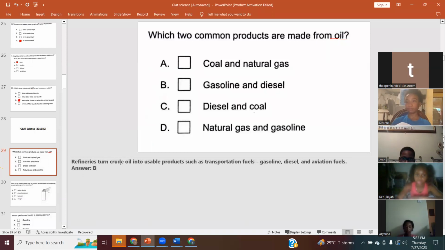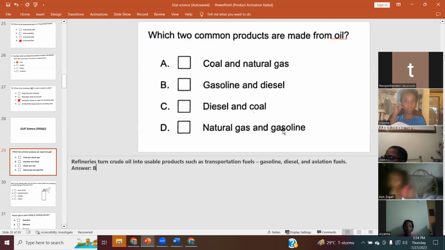Refineries turn crude oil into usable products such as transportation fuels, gasoline, diesel, and aviation fuels. Answer B. B, very good.